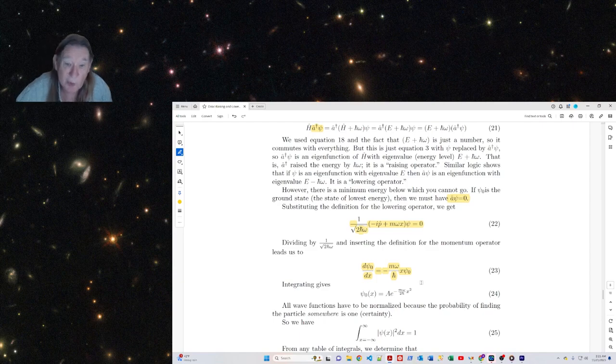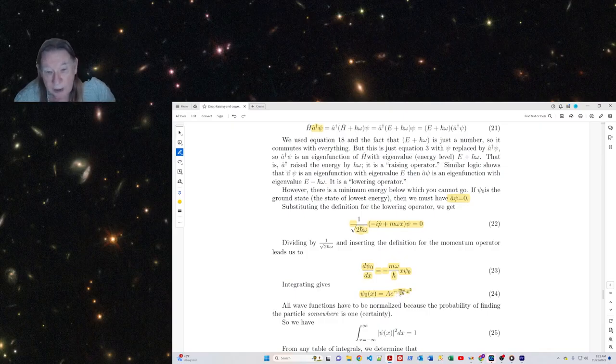This is a first-order differential equation, and it's very simple to solve. You can integrate it directly, and this is what you get. The wave function, and I've called it psi 0 to indicate it's the lowest energy level, is some unknown constant A times this exponential.